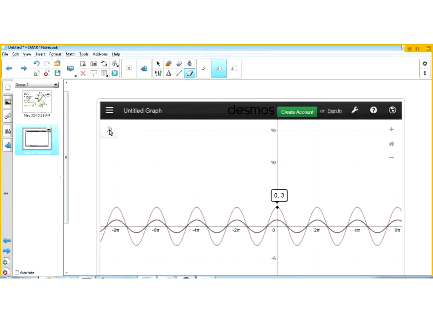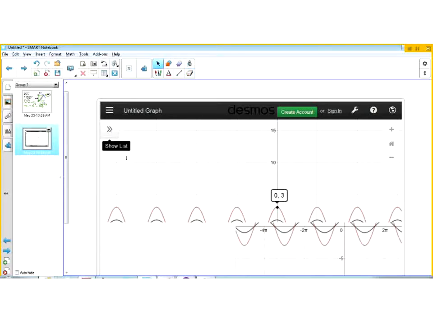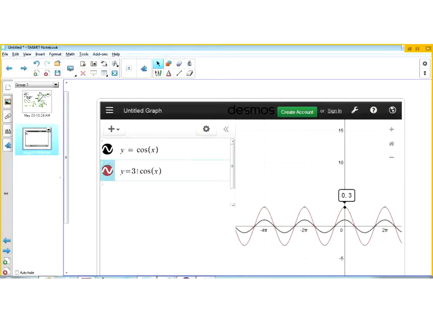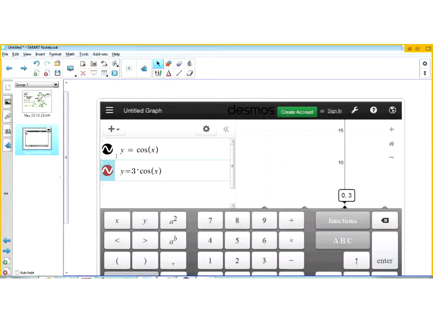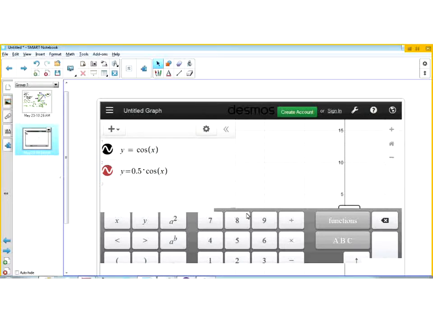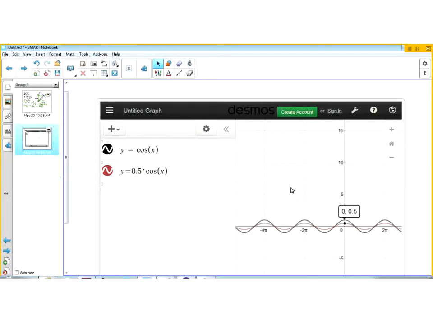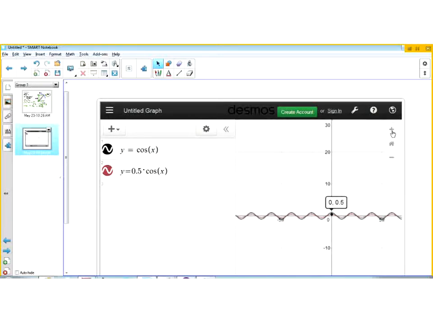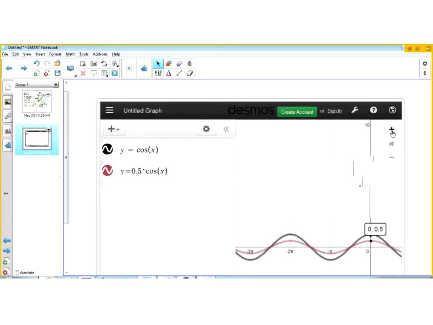Now, of course, a vertical shrink would be if we multiplied the original function not by a number greater than 1, but by a number less than 1, say 0.5. Okay, so that will compress the curve. As you can see now, the red curve has a smaller amplitude than the original black curve.